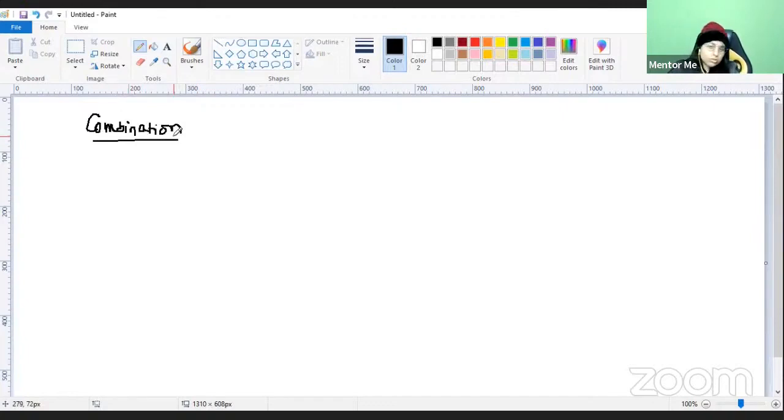We are going to use both the formulas to calculate the number of ways, but there is going to be something different, because of which sometimes we'll be using combination, and sometimes we will be using permutation.